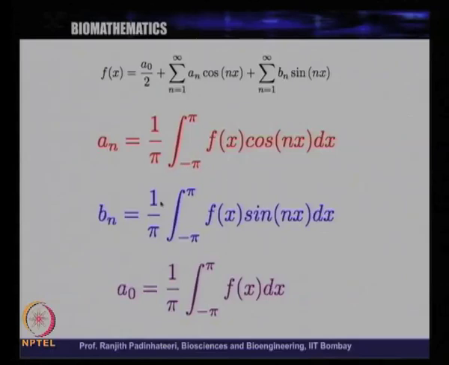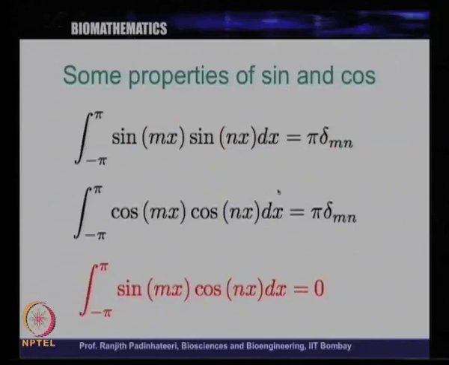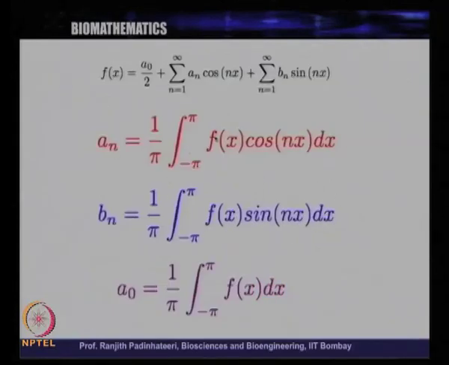You can verify this result by substituting the formula for f(x) here and using these properties. First you use this property and this property, then this property and this property. So these three properties we have to use to get these results.